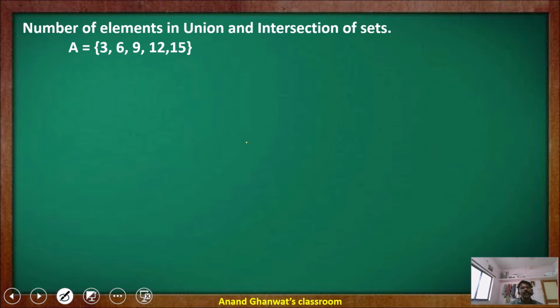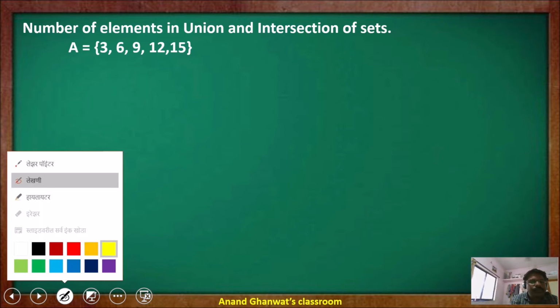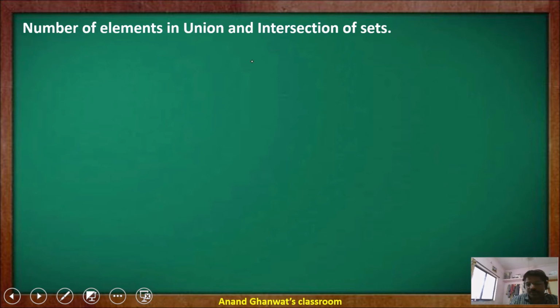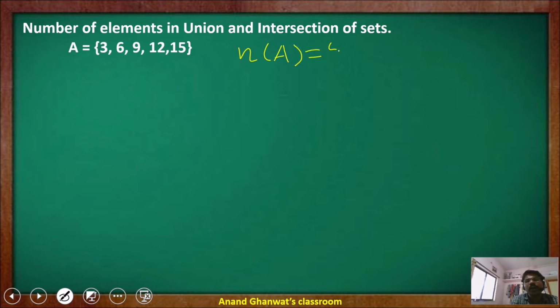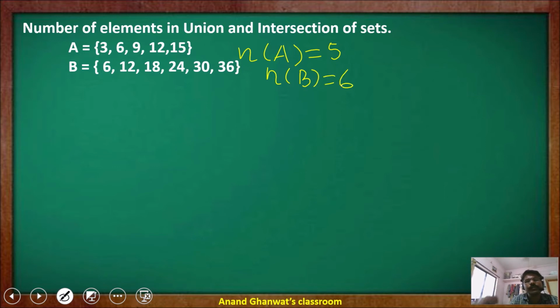So A is here 3, 6, 9, 12 and 15. Therefore, n of A is equal to 5. Next, the number of elements in set B, n of B, is equal to 6.